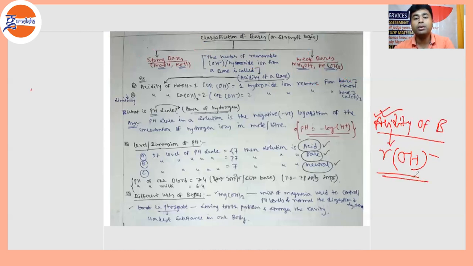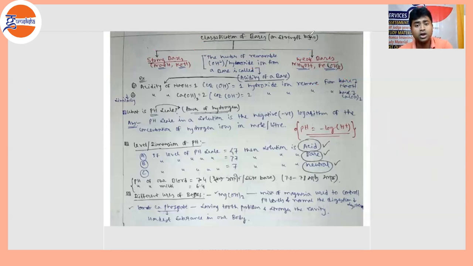The number of removable hydroxide ions from a base is called the acidity of a base. So the number of OH in a base is called the acidity of the base. Now my point is, what are the types of acidity of bases?